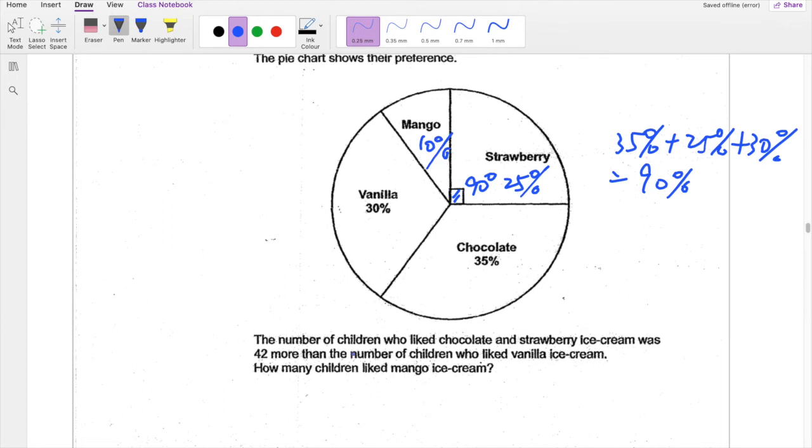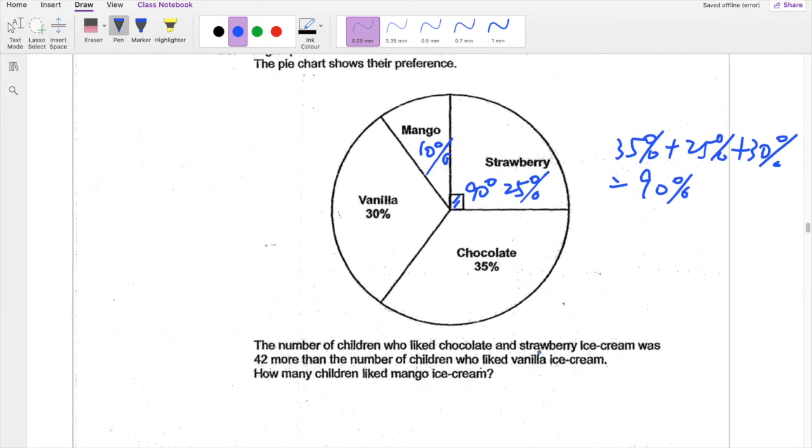Okay, let's see what the question is about. The number of children who like chocolate and strawberry ice cream was 42 more than the number of children who liked vanilla ice cream. How many children like mango ice cream? So chocolate and strawberry is 55%, 42 more than the number of children who like vanilla, right? 55% minus 30%, which is 25%.